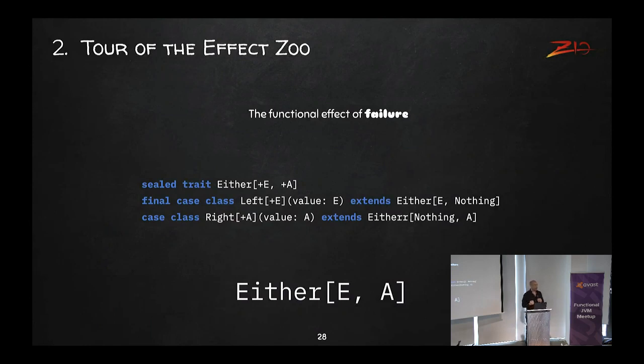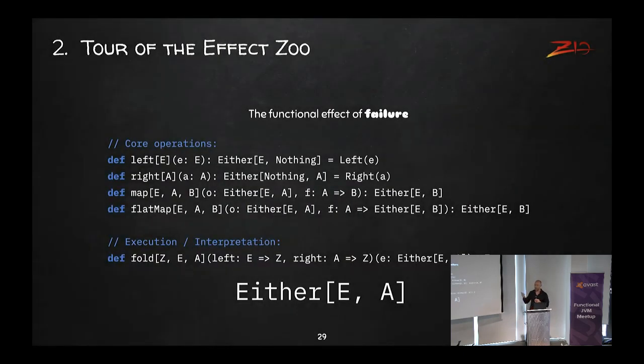The functional effect of failure is used when we have computations that may fail with a specific type of value. Either has two different instructions, a Left and a Right. Left is used to indicate failure, and Right is used to indicate success. Its core operations are constructing a Left and a Right, mapping and flatMapping, and then to execute or interpret an Either, we fold over it, specifying what to do in the left-hand case and what to do in the right-hand case.